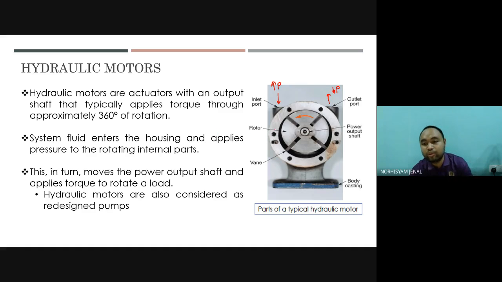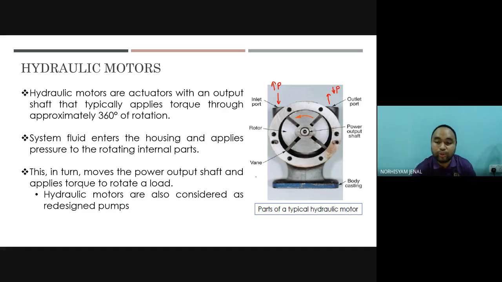So hydraulic motors over here are driven by the fluid. Okay, if it's in a pump, it's driven by the motor and the motor is driven by the prime mover. Okay, so system fluid enters the housing and applies pressure to the rotating internal parts. This in turn moves the power output shaft and applies torque to rotate a load.